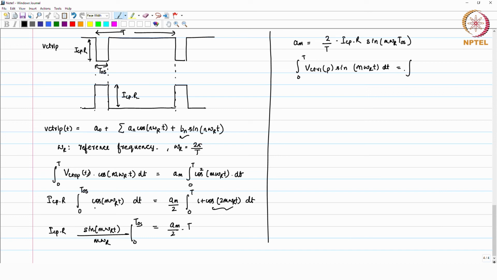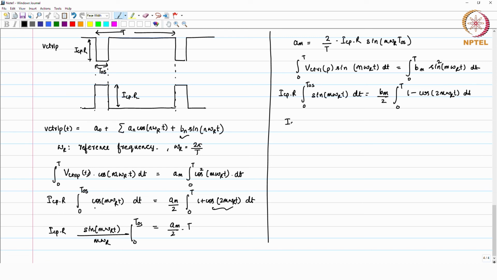This integral gives 0 to T times b m of sine squared m omega r t. Again the same logic, I_CP times R comes out, 0 to t offset sine of m omega r t times dt. This is equal to b m by 2, 0 to T into 1 minus cosine of 2 m omega r t times dt.